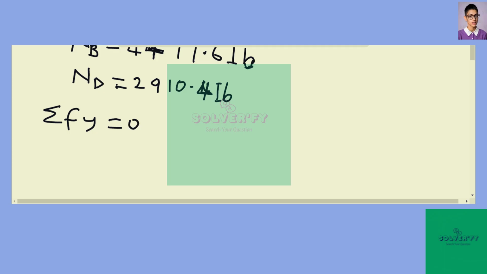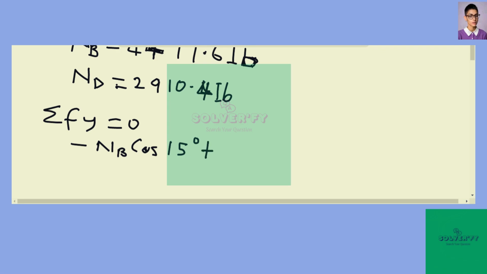You are going to arrive at minus Nb cos 15 degrees plus Fb sine 15 degrees plus Nc equal to 0.